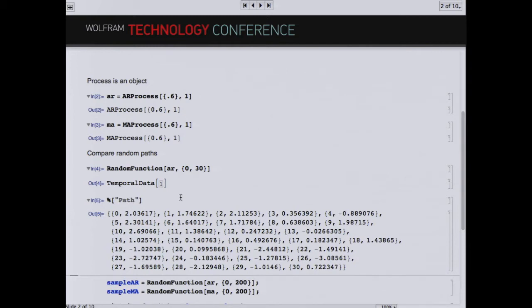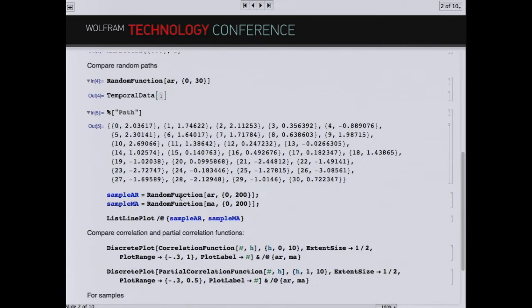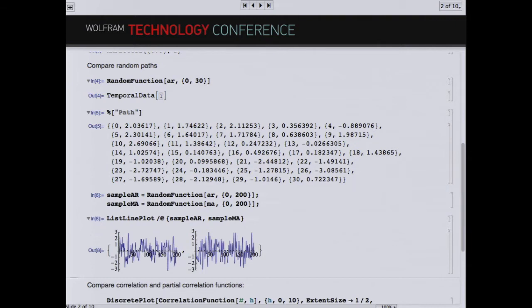That's a list of pairs. The first number is the timestamp, and the second number is just the value of the process. So I'm going to create some longer samples, and then I can plot them and compare. What often happens is that when we look at them, we cannot really tell which one is which. If you just simulate some AR time series and MA time series, we don't know which one is which.